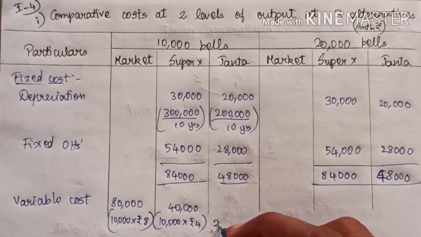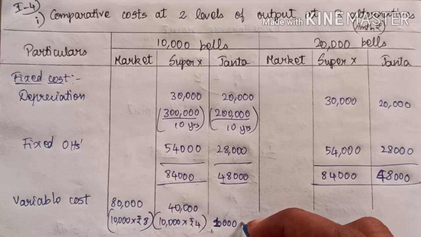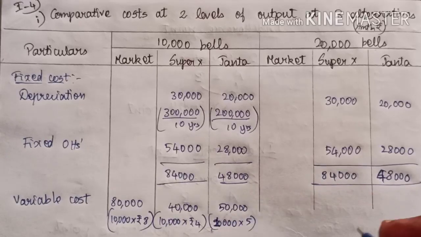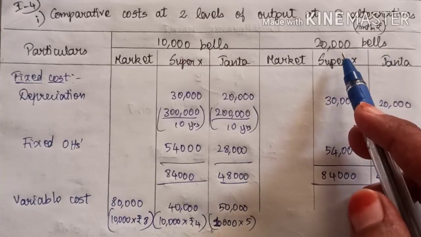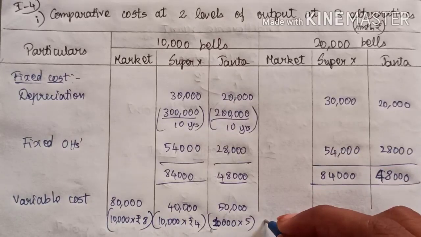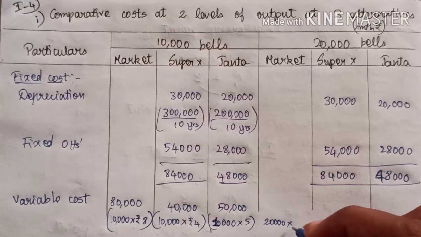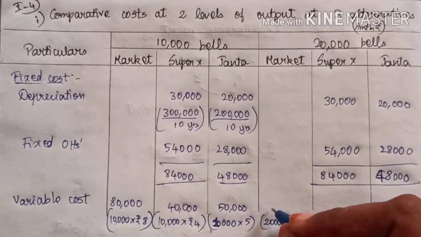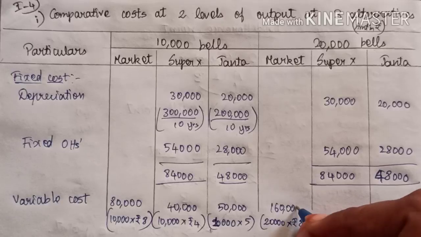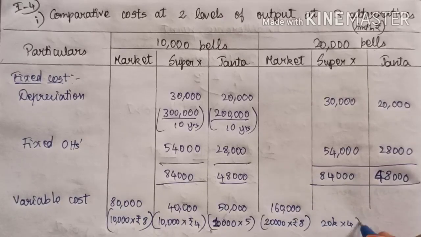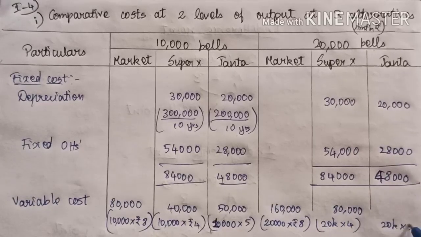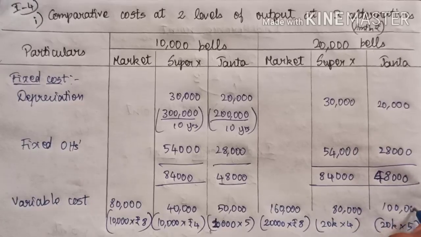And here 10,000 into 5, we will get 50,000 rupees. And here the bells are 20,000, so 20,000 into, if we buy the bells from market, it will cost 8. So 1,60,000, and here 20,000 into 4, 80,000, 20,000 into 5, 1 lakh.